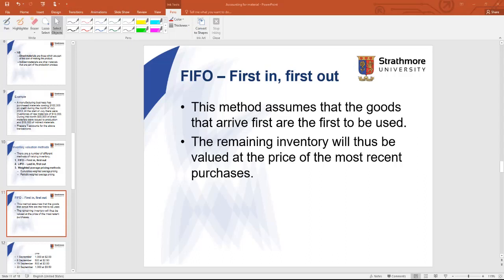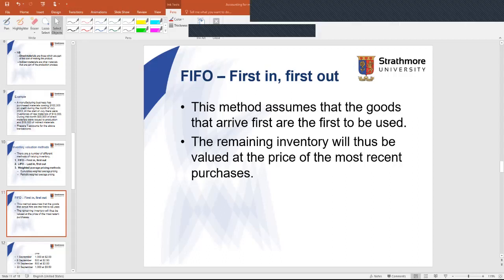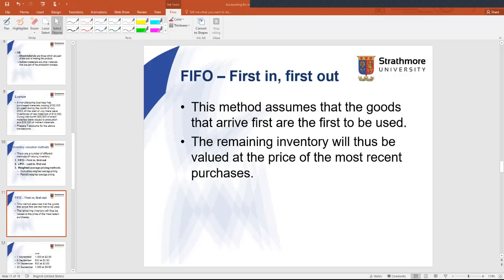So you sell first the items that were first to be received. As I mentioned, the closing inventory is made up more of the most recently acquired items.